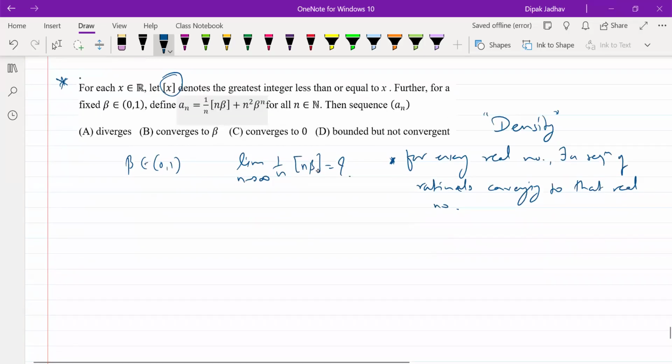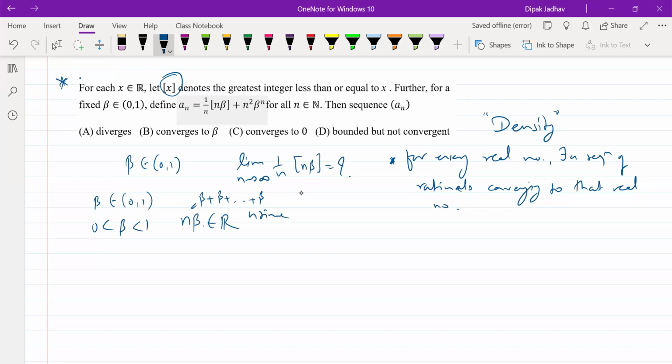So this is that sequence of rational numbers. First of all, is it a rational number? Beta is any real number between 0 and 1, so 0 is less than beta less than 1. So n times beta will be some real number. How will you go on adding beta n times? That is n times beta. So n times beta may cross 1. It may be somewhere between 3 and 4, or some random real number, which may not lie in the same interval between 0 and 1 where beta lies.